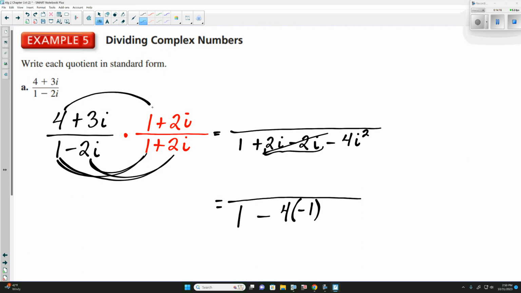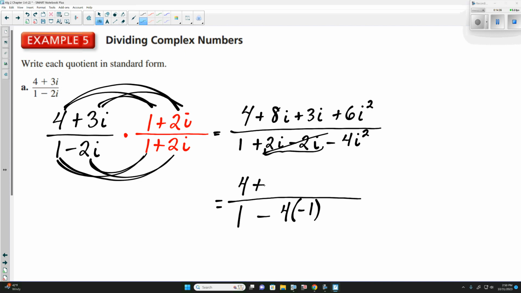The numerator, 4 times 1 is 4. 4 times 2i is plus 8i. 3i times 1 is plus 3i. 3i times 2i is plus 6i squared. Now in the numerator we still have the 4. 8i plus 3i is 11i. Well, what is i squared?